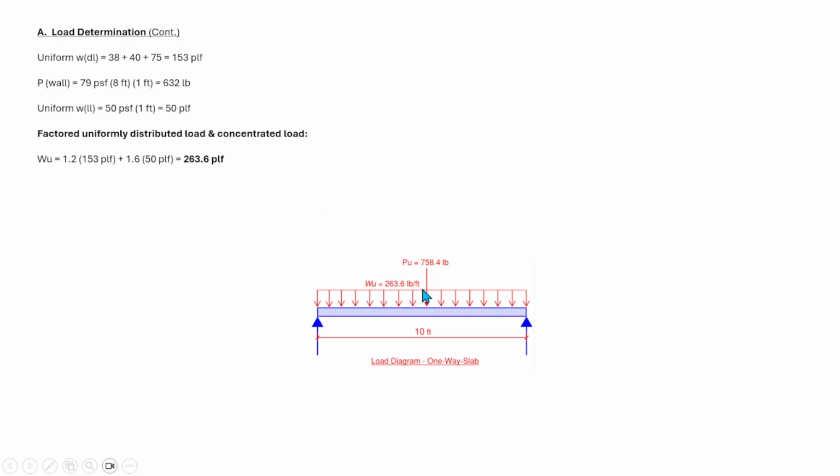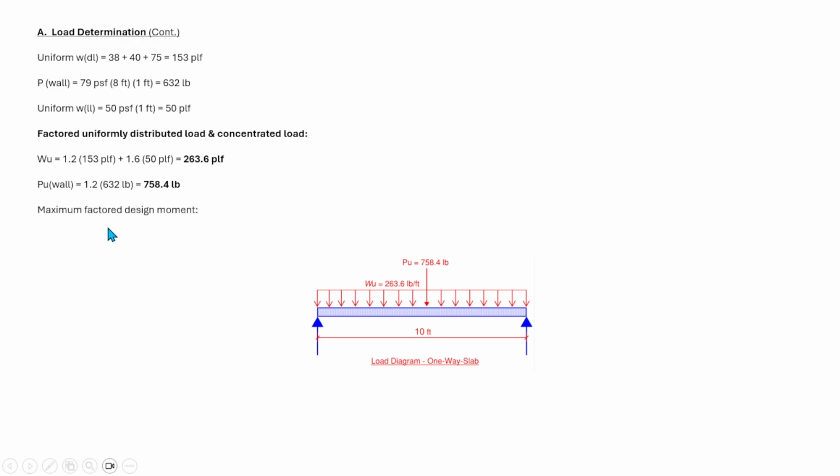That's the uniformly distributed load, factored uniform load. Then the factored concentrated load due to blockwork, that is 1.2 times 632 pounds, equal to 758.4 pounds. This is the one here.